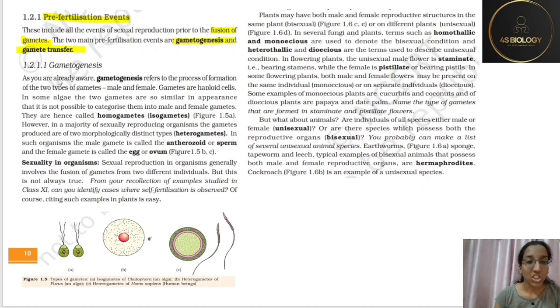So pre-fertilization: gametogenesis and formation of gametes.